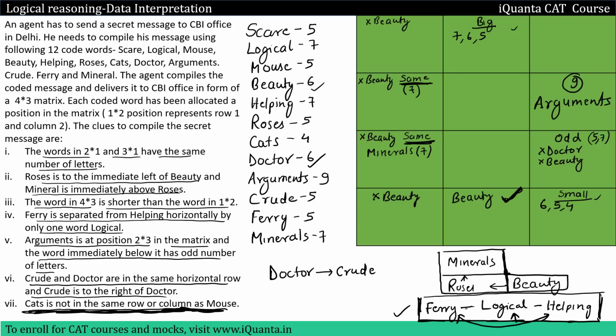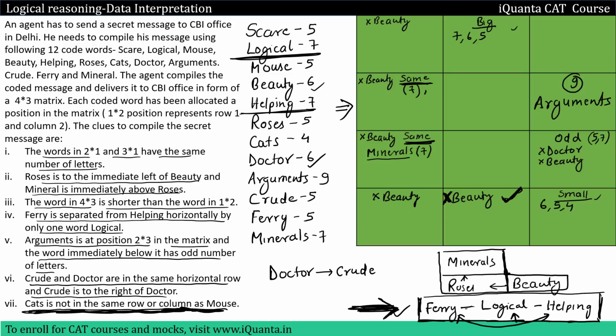The 7 letter words remaining, because we have used minerals, are logical and helping. And we can see that logical and helping are in this particular row at the bottom, with very logical helping. So this should be the row in which very logical helping should come, but that is not possible because in the second row we already have arguments. So that means we cannot have beauty at this particular position, in the middle column and the bottom.